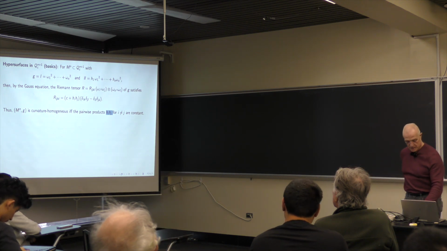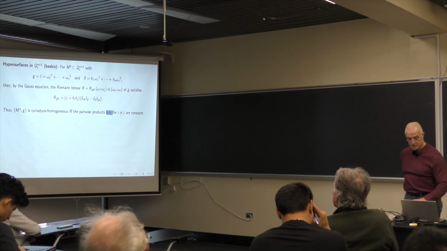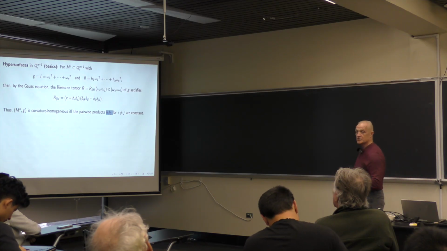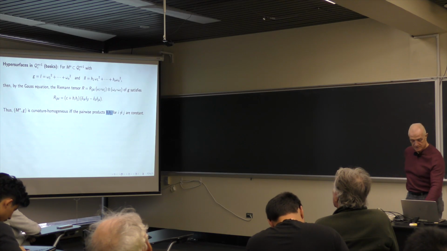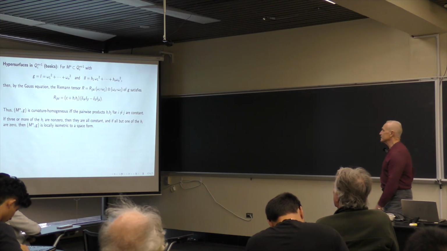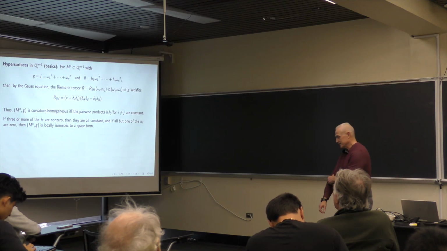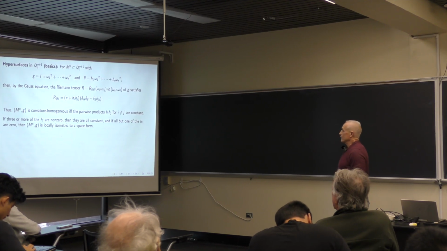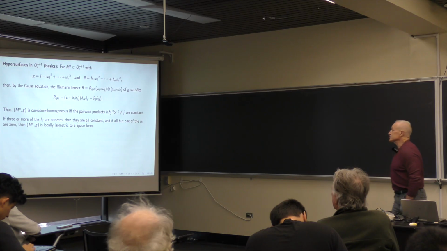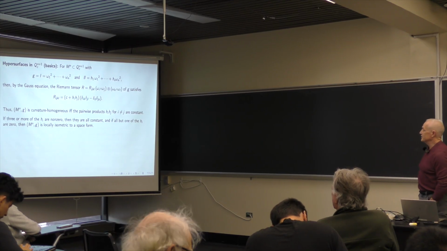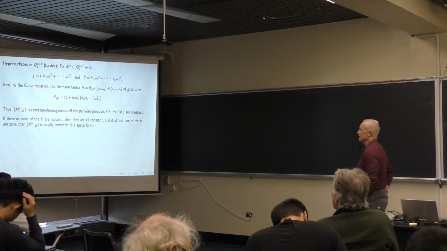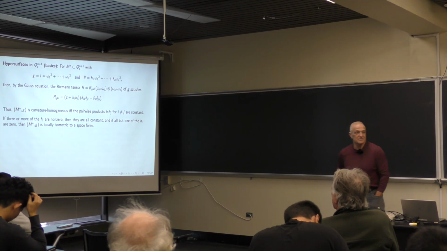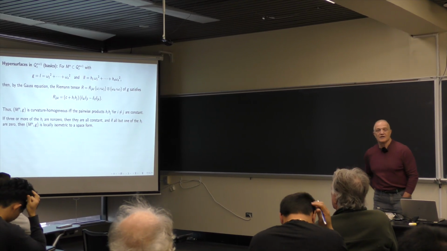But of course, the individual h_i don't have to be constant unless, and here's where the difference between 3 and higher dimensions comes in, 3 or more of the h_i are non-zero. Then this condition implies that the h_i are all constant. It's just simple algebra.